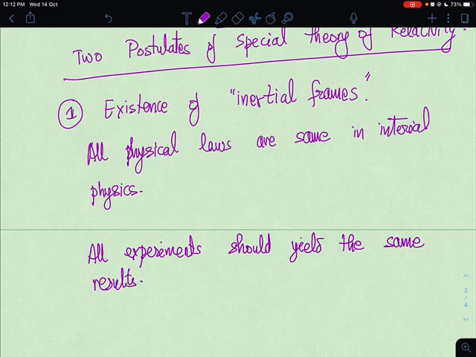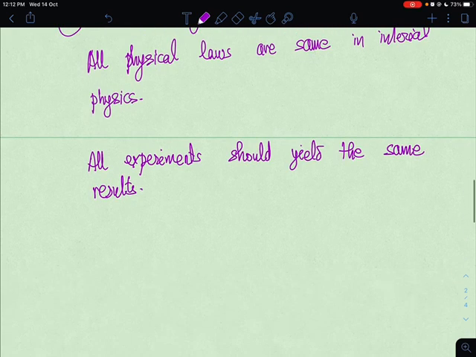So it means if you do an experiment in one frame and you do the same experiment in another frame, the results should be the same. But moving from one frame to another is governed no longer by Galilean transformations, but by some other transformations called Lorentz transformations.